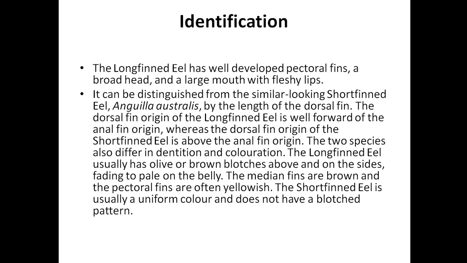There are long-finned eels as well as short-finned eels. You can distinguish them based on the length of the dorsal fin. The two species also have different coloration, and usually most of the eelfishes are olive or brown, with olive or brown blotches on them.